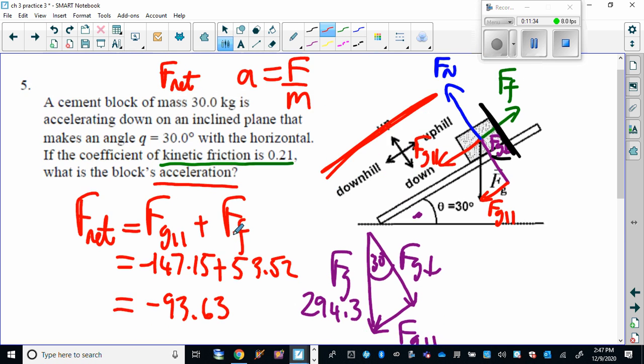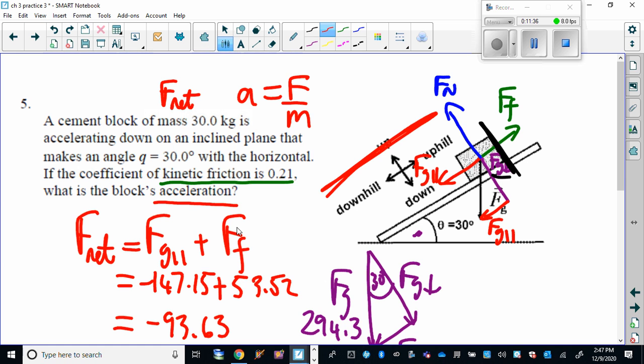And then back up to here to get my acceleration. 93.63, the negative is relevant, but it just tells you that it's going down the slope, divided by mass. You get an answer of 3.1 meters per second squared.